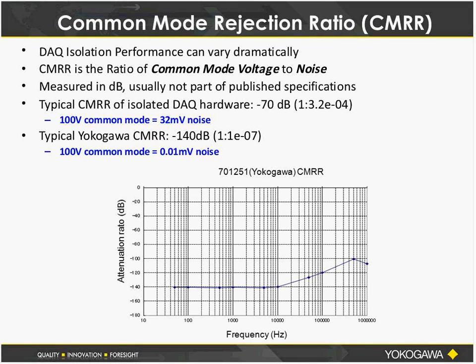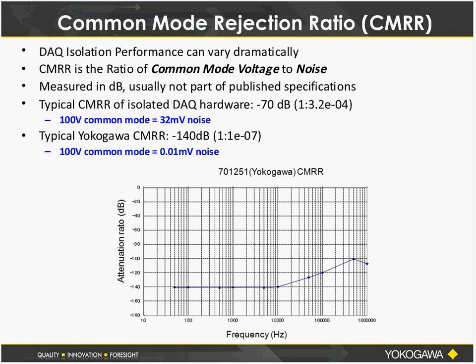This is a CMRR specification for one of the most popular data acquisition modules from Yokogawa. As you can see, the CMRR will vary depending on the frequency of that common mode signal.